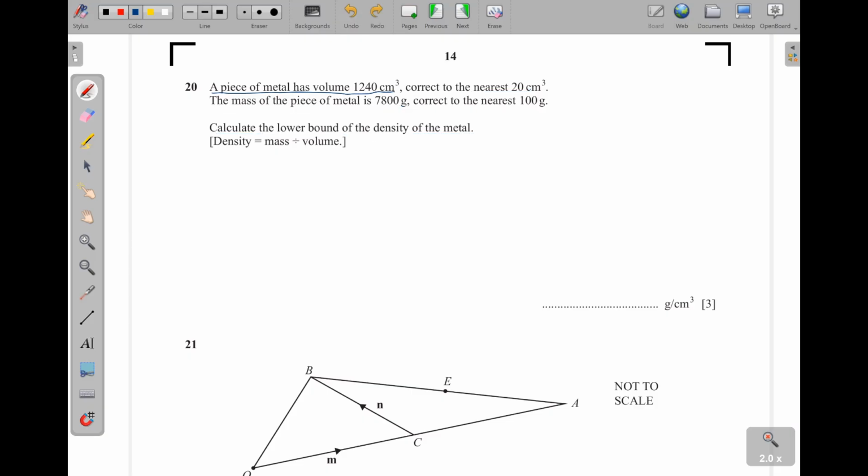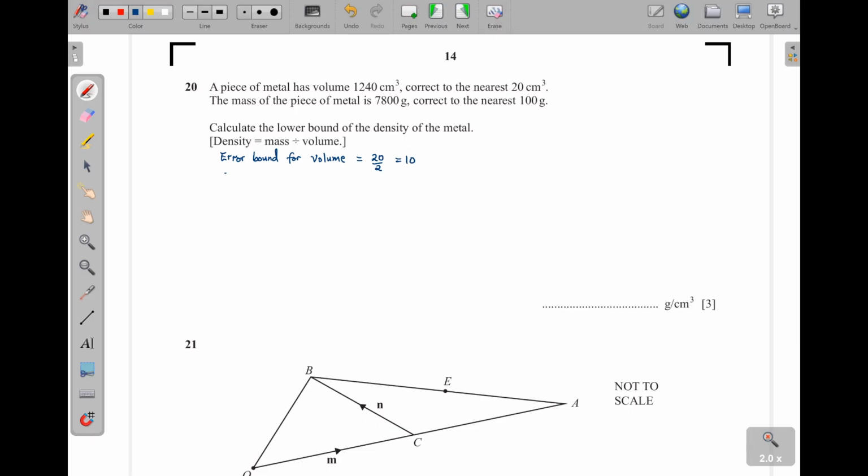The first thing we need to do is to find the error bound. So here we have the error bound for volume. Since it is correct to the nearest 20, I'll say 20 divided by 2, which is equal to 10.